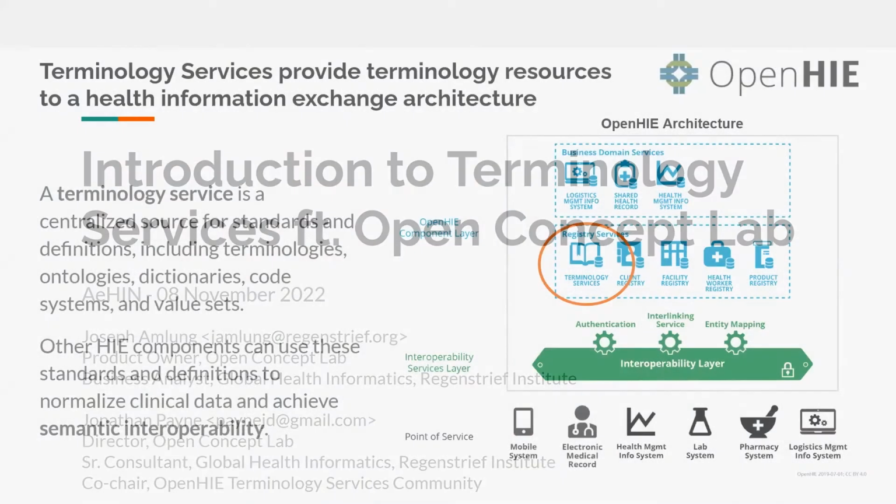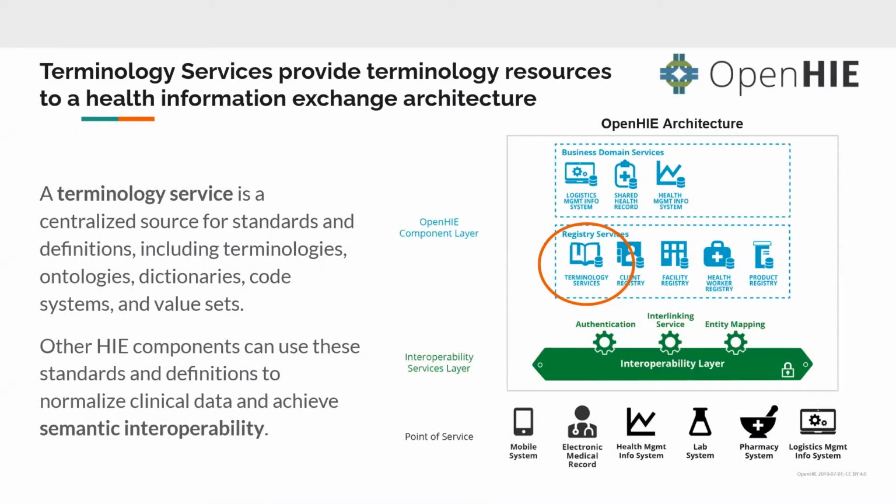So you've all probably seen the OpenHIE architecture, and terminology services is one of the components. Like we said, in our experience, most countries, most organizations that are beginning to implement the OpenHIE architecture are starting with other components.